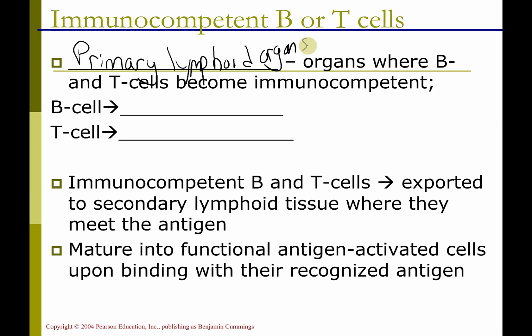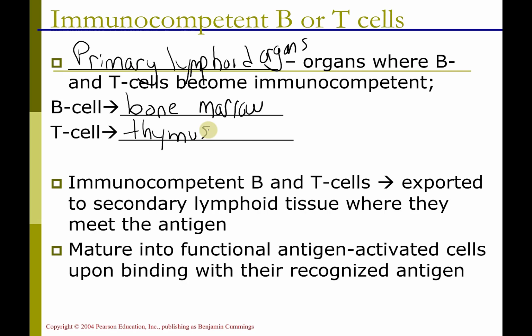But the organs where lymphocytes become immunocompetent are either the bone marrow or the thymus. If a lymphocyte becomes immunocompetent in the bone marrow, they call it a B cell, B for bone marrow. If the lymphocyte becomes immunocompetent in the thymus, they call it a T cell, T for thymus. The process where this happens is fairly complicated, and I'm going to try to keep it as clear as possible.